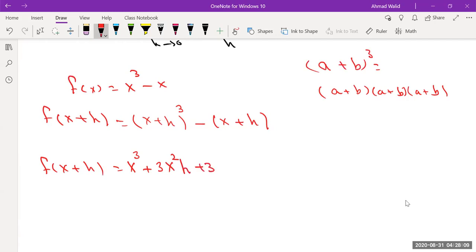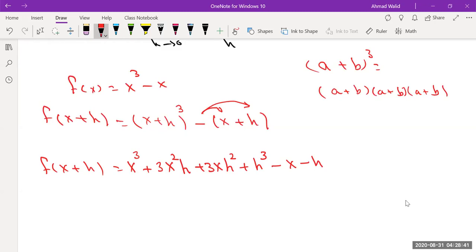Plus again 3, you reduce 1 from the power of x and you add on the h. That means 3x h squared plus h cubed, correct? Also distribute the negative here to these two. It gives you negative x, negative h.